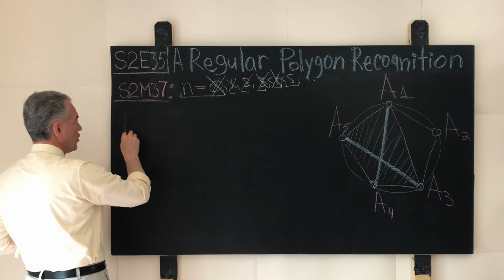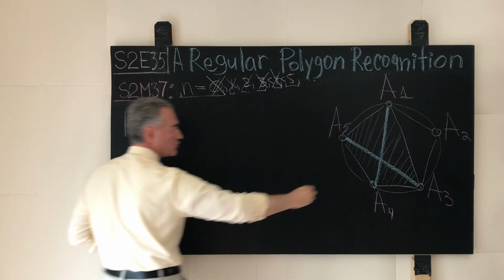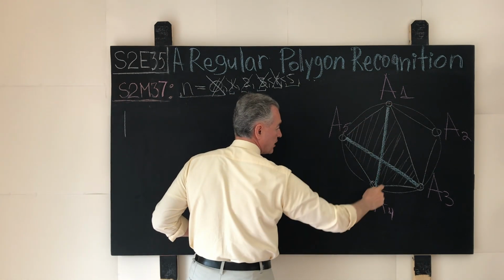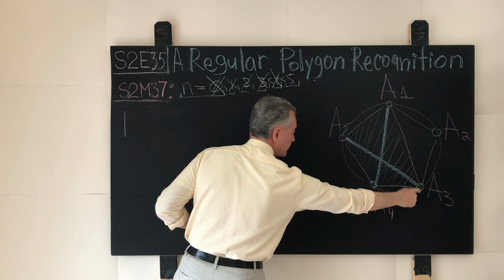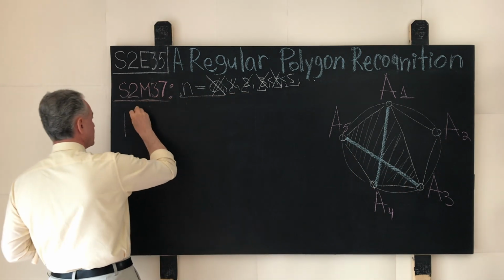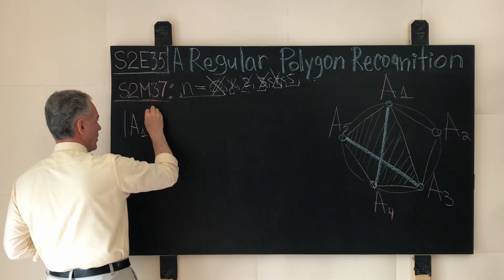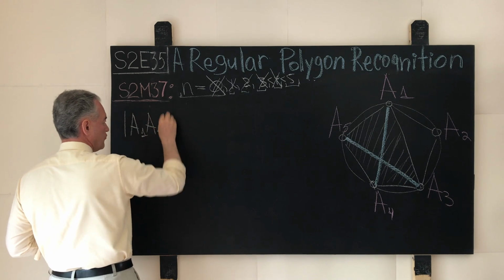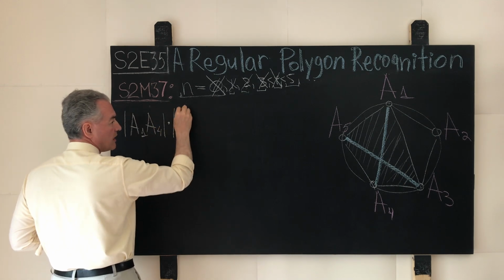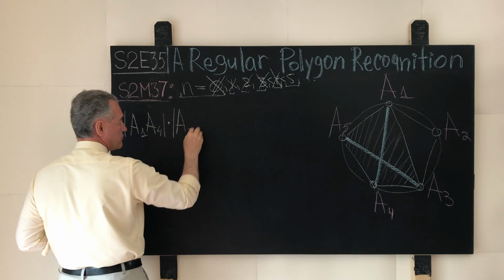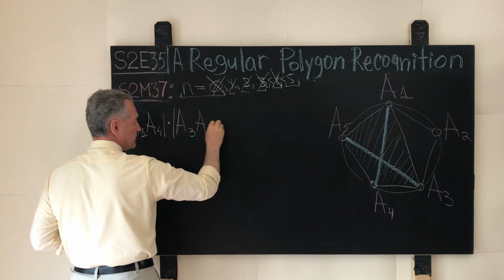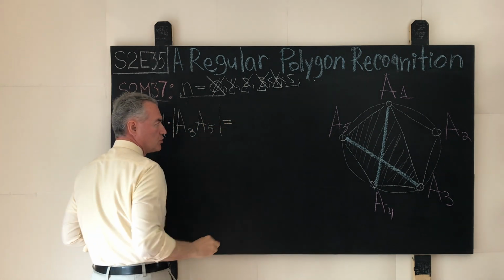So what will we have? We will have on the left hand side the product of the distances between the points A1 and A4 and A3 and A5. So we write A1, A4 times A3, A5 is equal to what?